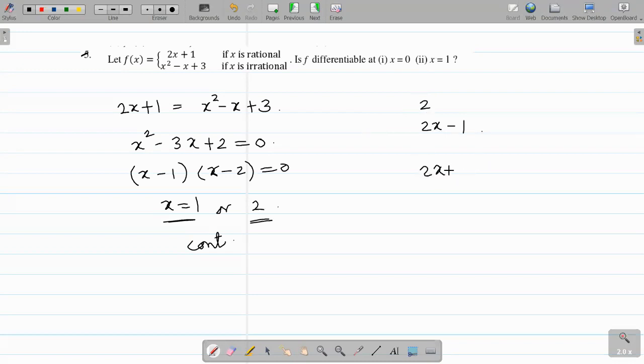So 2x minus 1 should have 2. So no point is a point of differentiability.